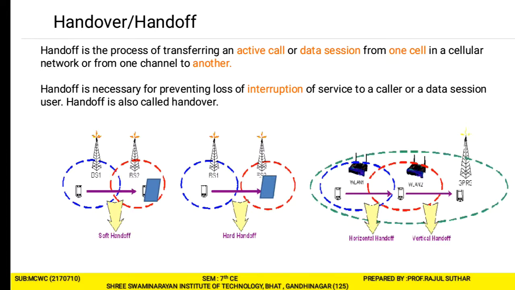Then horizontal handoff covers whenever you use the wireless area and your call is moving from one wireless LAN to another wireless LAN, and again your call is moving from a wireless LAN to the base station controller. So that is called the horizontal and vertical handoff.